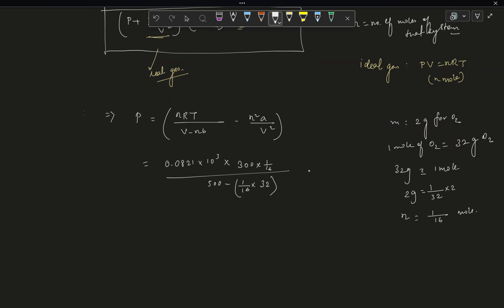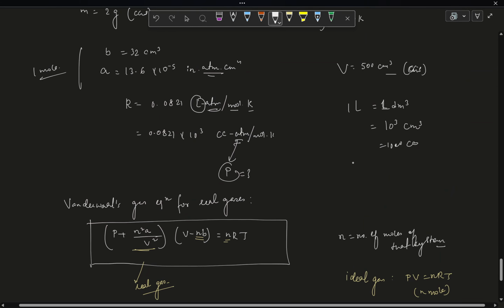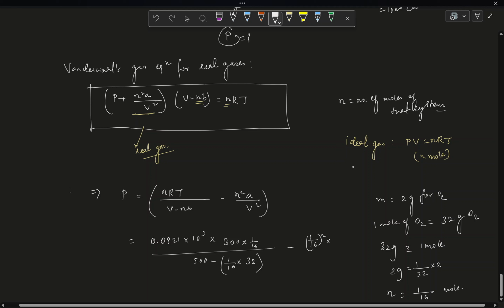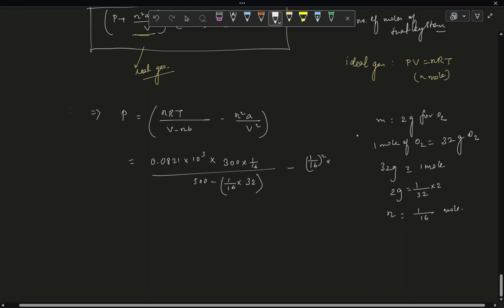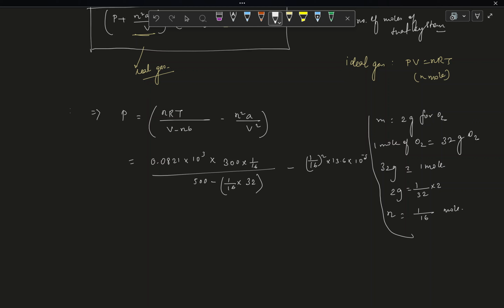So this is 32, minus (1/16)², which is n², times a, which is 13.6 × 10⁻⁵. So just keep this aside, 13.6 × 10⁻⁵, divided by V², which is 500 squared.